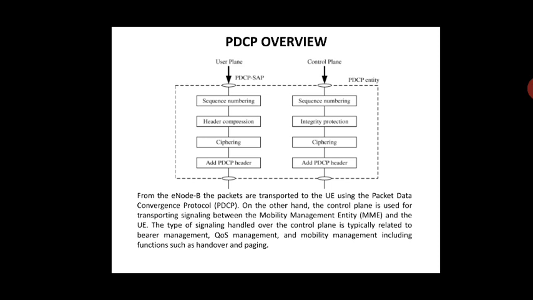In order to support quality of service requirements of different IP applications, LTE uses the concept of bearer as the central element of quality of service control. The bearer service is defined between the packet data network gateway, that is PDN GW, and the user equipment, and maps to a specific set of quality of service.